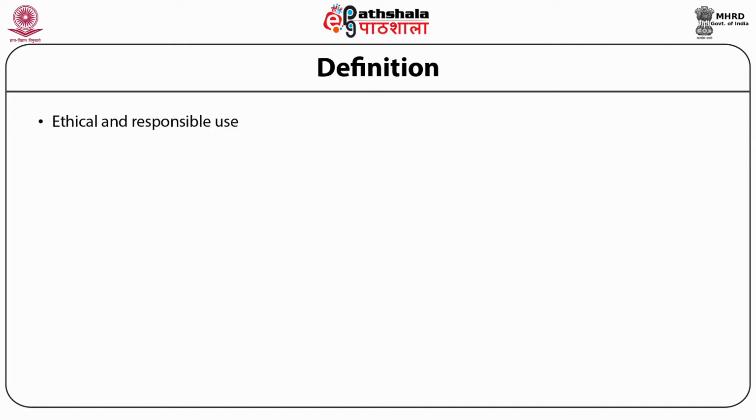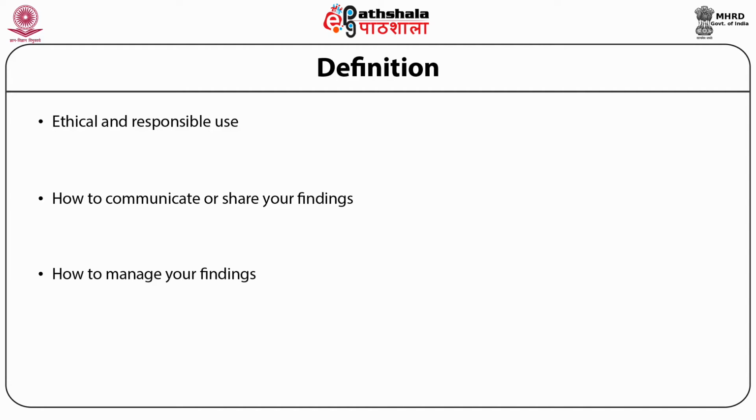You will also learn how to use the information ethically and in a responsible way for your research and academic purposes. With the help of this, you would be able to communicate or share your findings with the academic world, and you will be able to manage your findings, research and development activity with the help of these tools and techniques which you have learned through the information literacy programs.